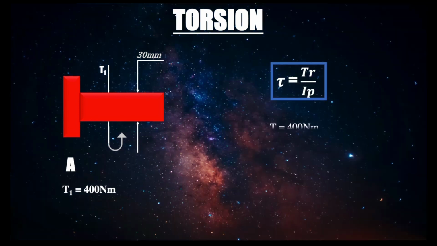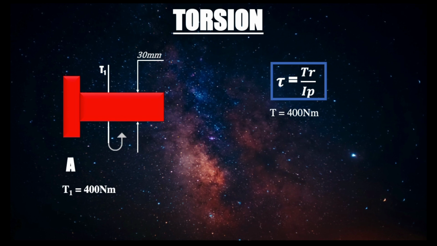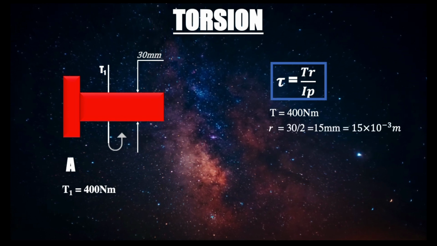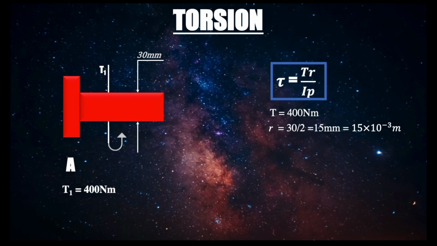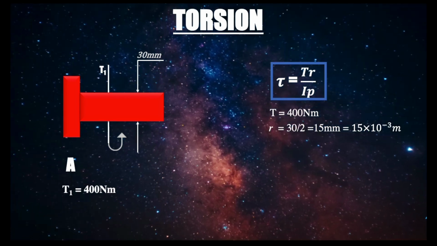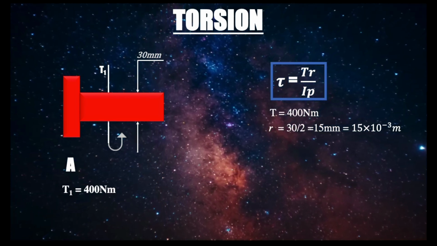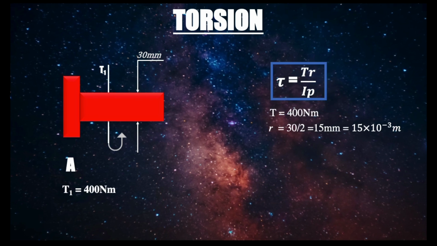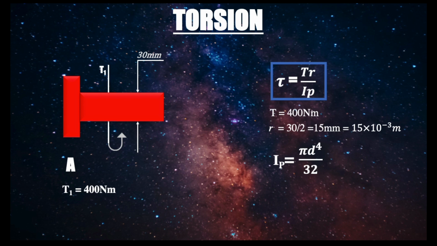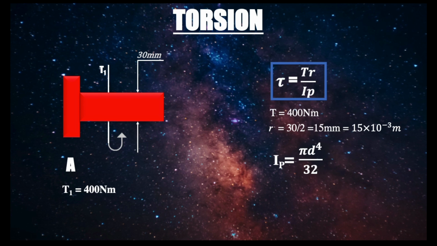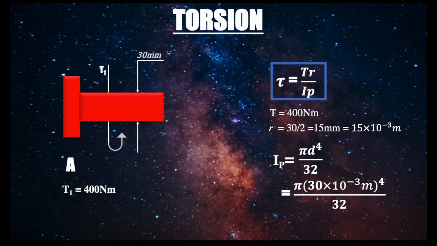Okay, so let's go. For T, we're just going to put 400 Newton meters. For R, we're going to put 30 divided by 2. But remember to express everything in standard units. The standard unit for distance is meters, so it's going to be 15 times 10 to the power negative 3 meters. And IP, the polar inertia, is pi d to the power 4 over 32, with the diameter changed from millimeters to meters.